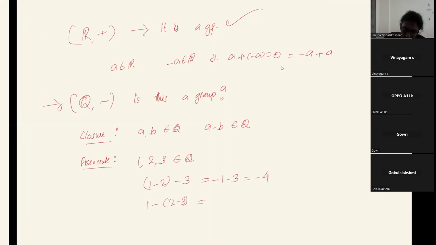That is 1 minus minus 1, which is 2. Does associativity hold? No, because (a minus b) minus c is not always equal to a minus (b minus c).